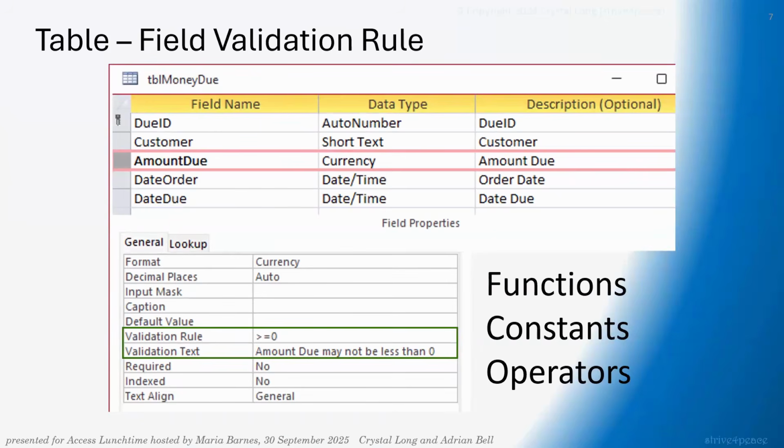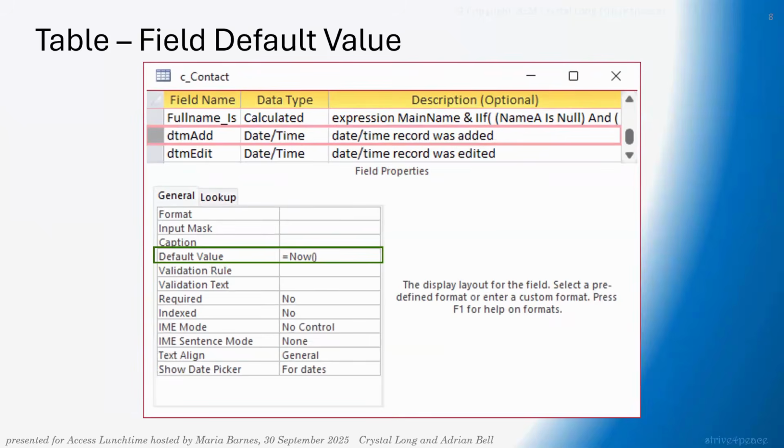Now, on a field level, the field validation rules can't refer to other fields. It's a rule for itself, such as it has to be greater than or equal to 0, or some date has to be greater than today or less than today. So there's a little bit of a difference on what you can do at what level, of course.